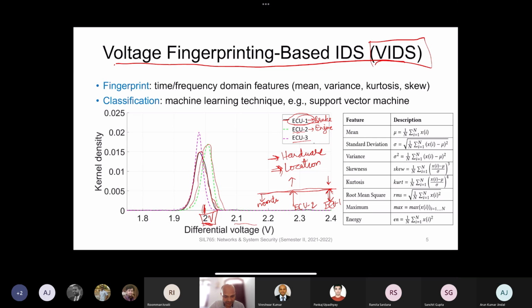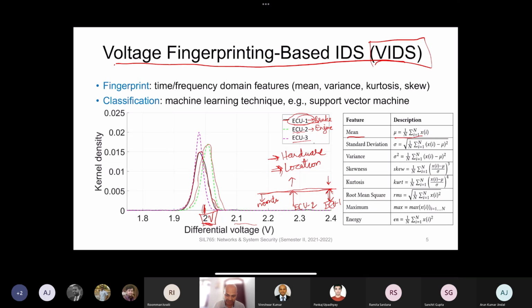Okay, so now that we have this distribution, this is the data input. What we also discussed in the previous lecture is that now we have to extract some features and then utilize some machine learning algorithm. So what features could we extract? The features in this case could be the mean.